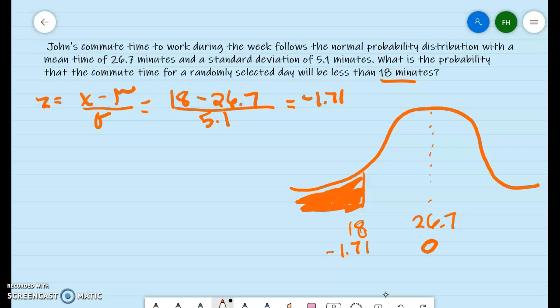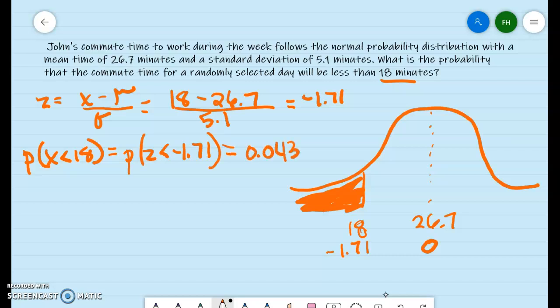What that means is it's 1.71 standard deviations to the left of the mean. So the probability that x is less than 18 is the probability that z is less than negative 1.71. So our answer here would be 0.0436.